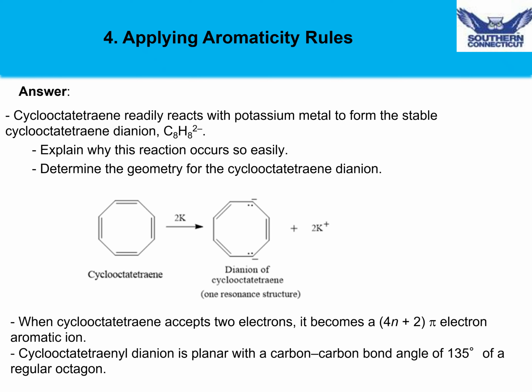Cyclooctatetraene is a compound that has 8 carbons in a ring, and it also contains 4 double bonds as shown here. If we add 2 moles of potassium metal, the metal will add electrons into the ring and form this dianion, which we see here.